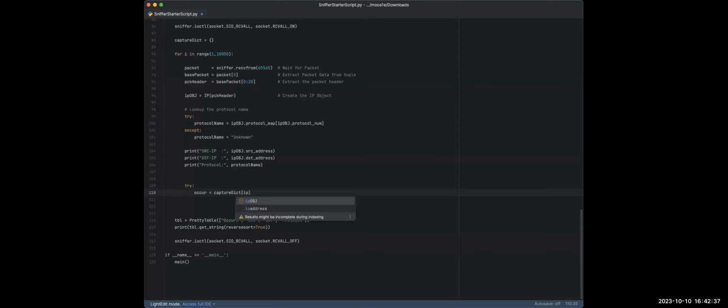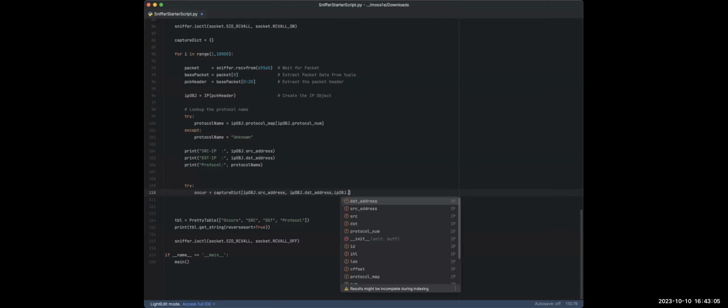So if I remember correctly, those were IP object dot source address. Okay, so you're taking that, and then you're taking IP object dot destination address, and then the protocol, IP object dot protocol.